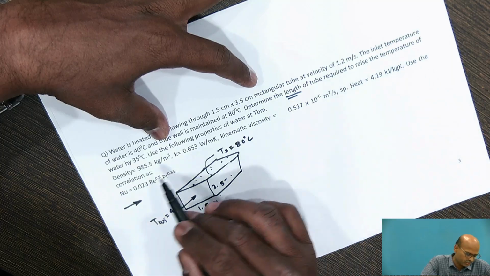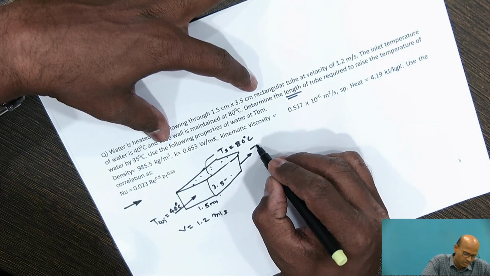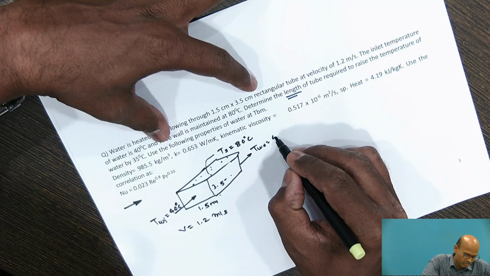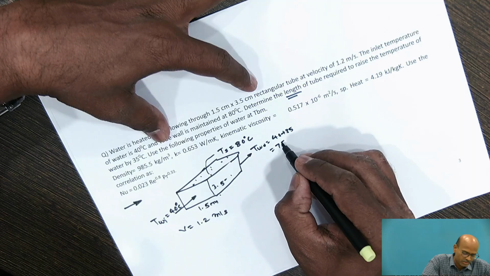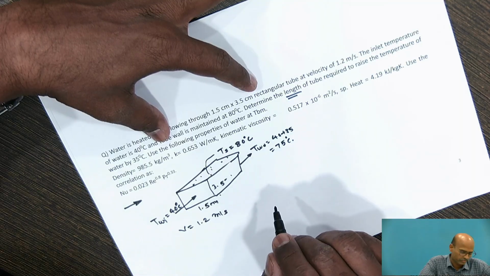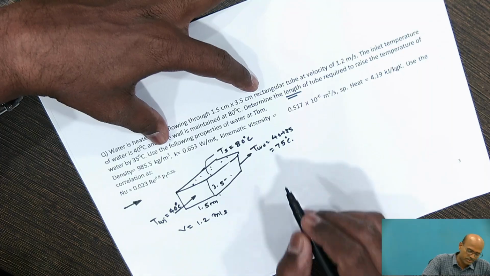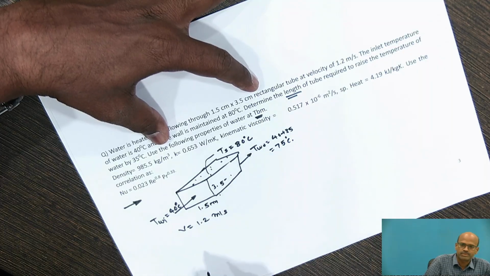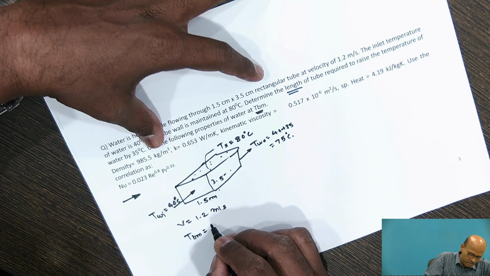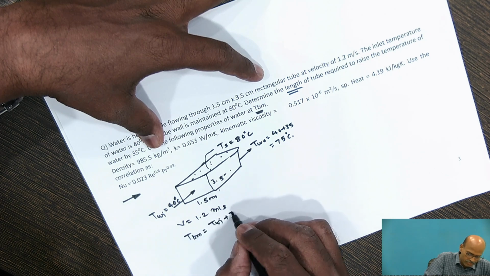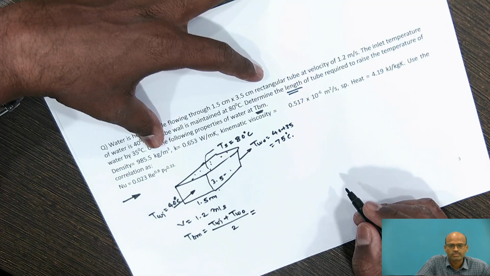Okay. Then what else is given? The rise of temperature of water is 35 degrees Celsius, means the outlet water temperature will be 40 plus 35. It becomes 75 degrees Celsius. Now, the reference temperature is the bulk mean temperature. So, what is the bulk mean temperature? Bulk mean temperature is the average of inlet fluid temperature plus outlet fluid temperature, divided by 2.